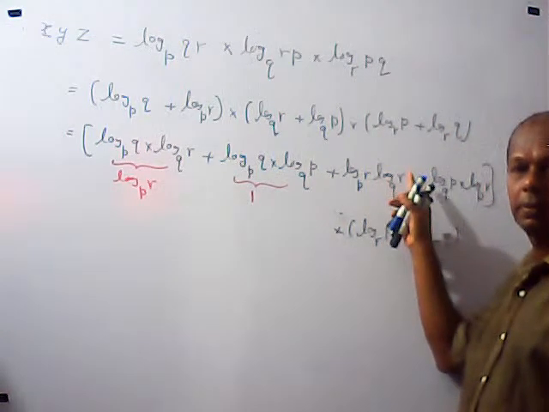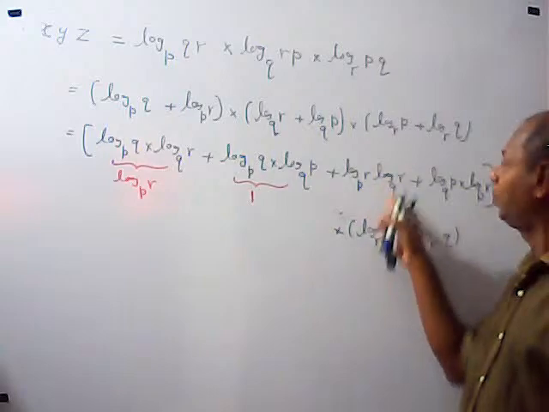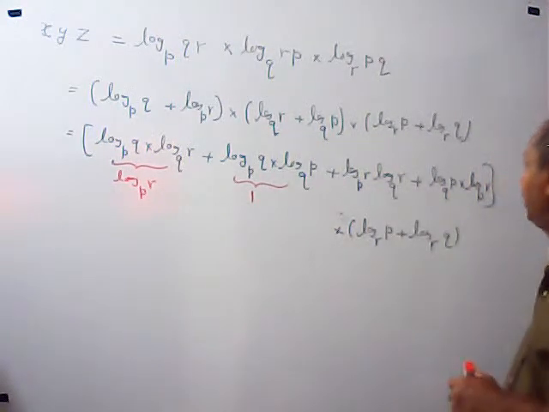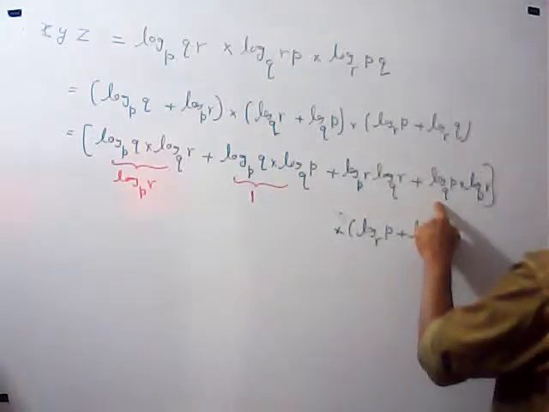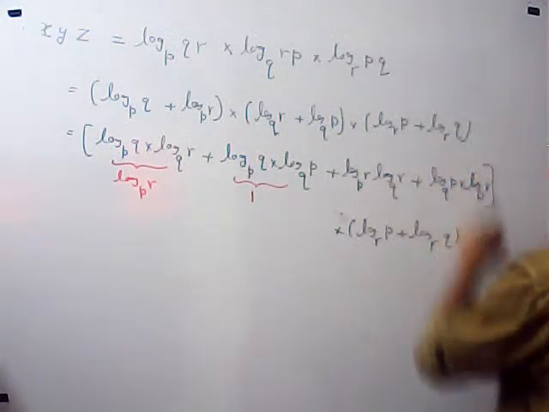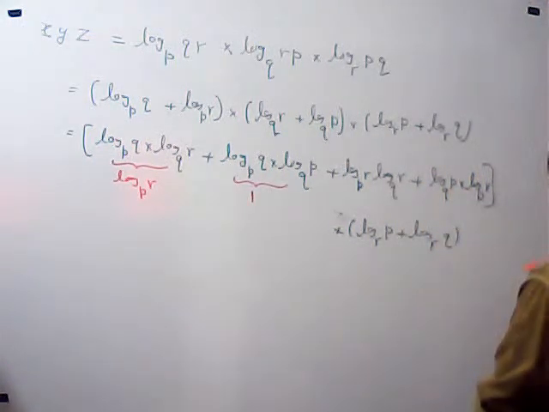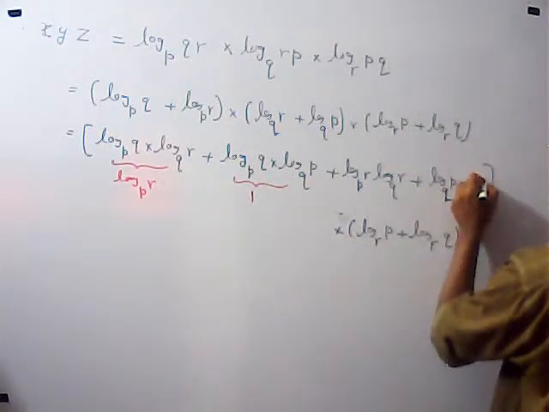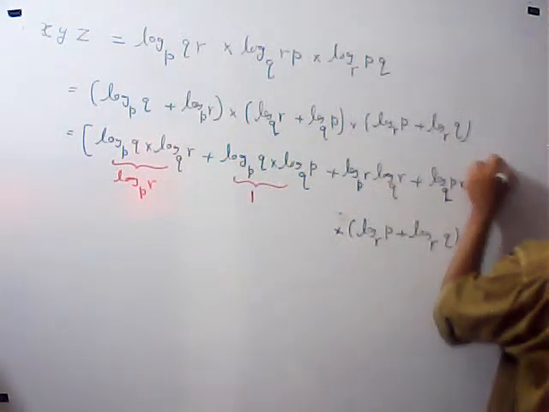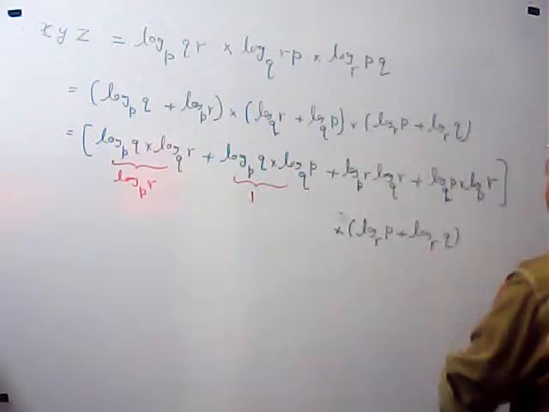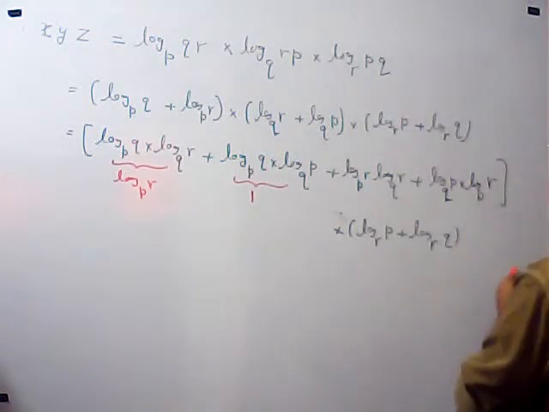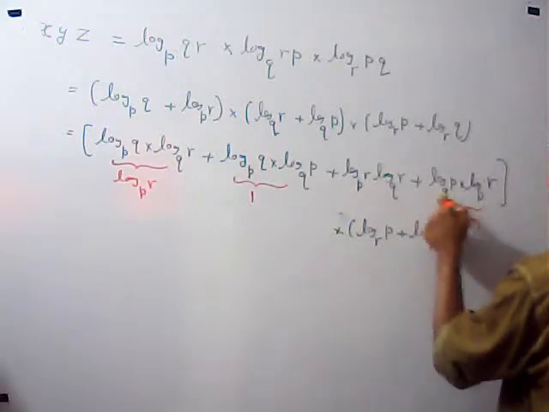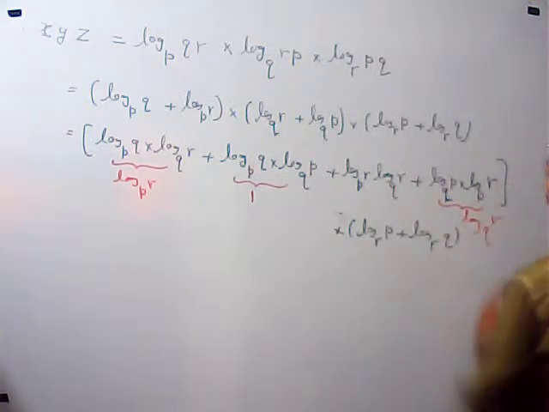Log PR log QR. We have no rule for that. Just leave it for a while. But here we have log QP log PR. Log QP log PR is equal to, P will be dropped, log QR.